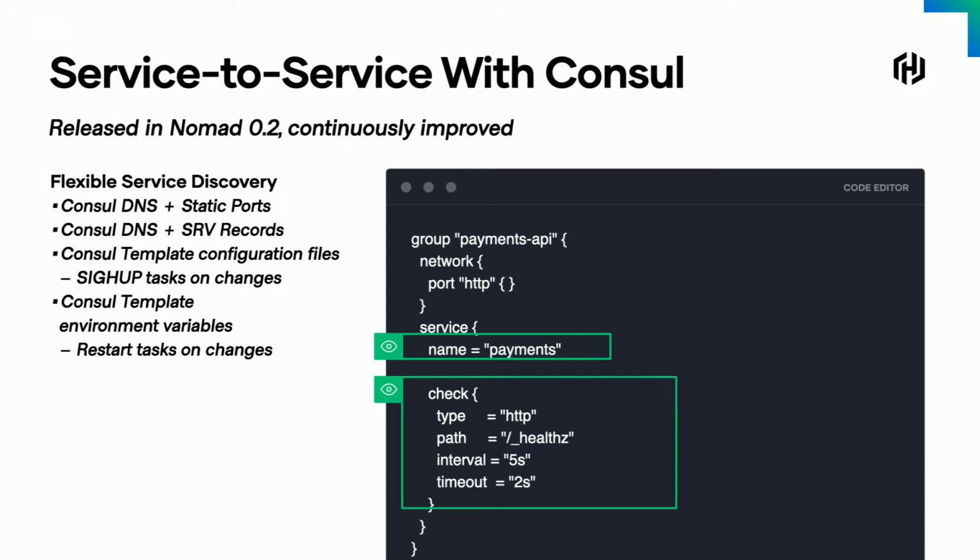It can repopulate environment variables and restart the task as well if you have a less dynamic task. So there's a lot of different options available, and how you define a service in Nomad is just with this service block in the example here. You give it a name, you can define some health checks, and Consul will take care of registering it and running those health checks for you.